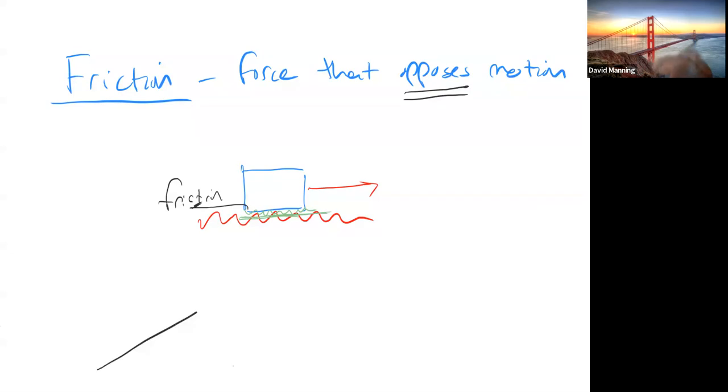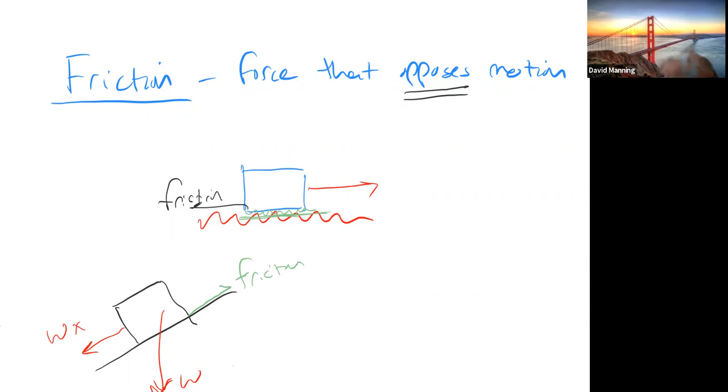So if you're on an incline and the object is resting on the incline and the only force is the weight, so we have our weight in the x component, Wx, that's going to pull it down the incline. Friction is going to work up the incline and stop it from moving.